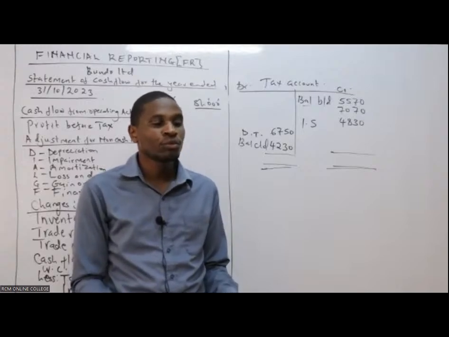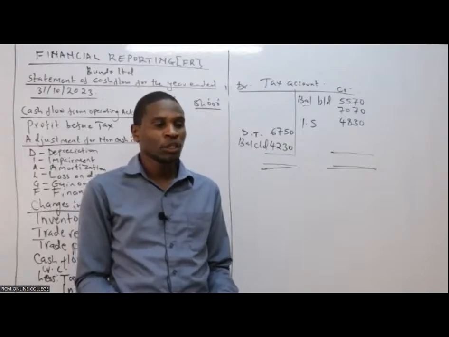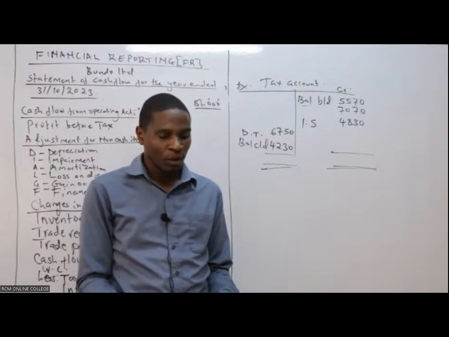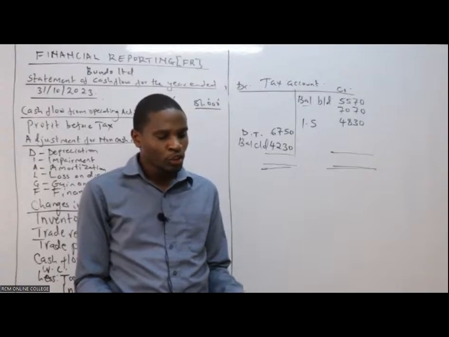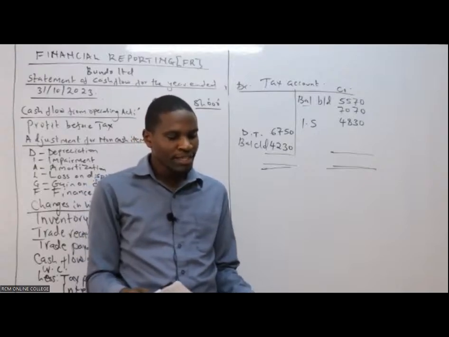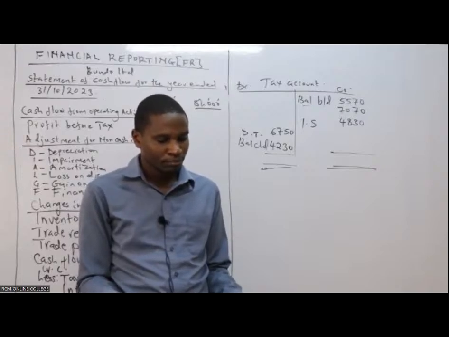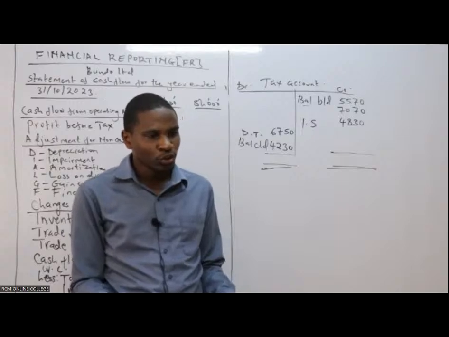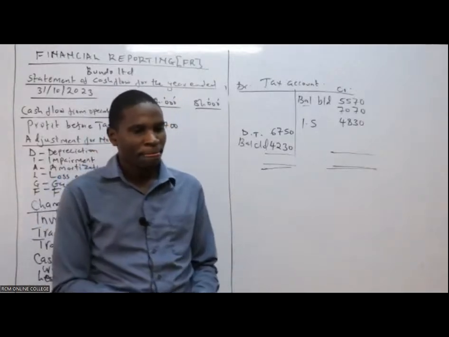Sasa, here we have to think what the examiner is trying to tell us. So there was revaluation gain, and this revaluation gain was 1200. So what is 30% of 1200? 30% of 1200 unapata ngapi?